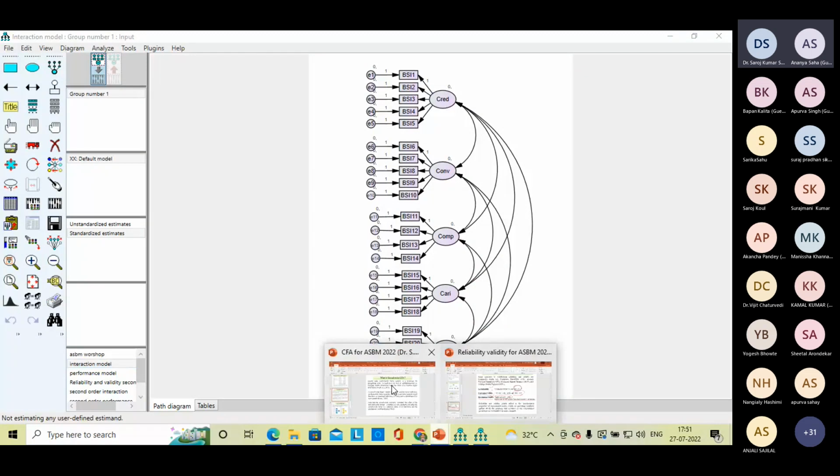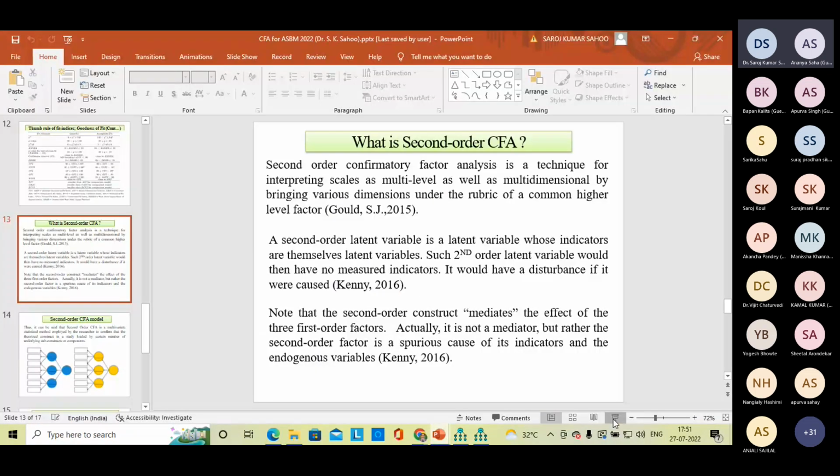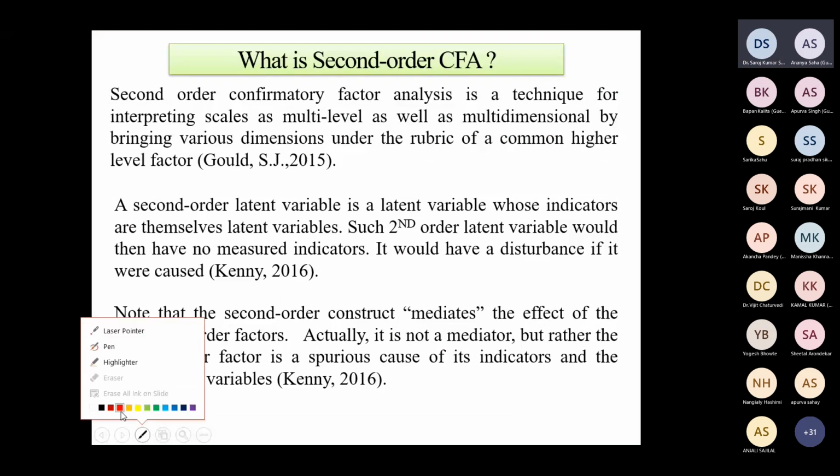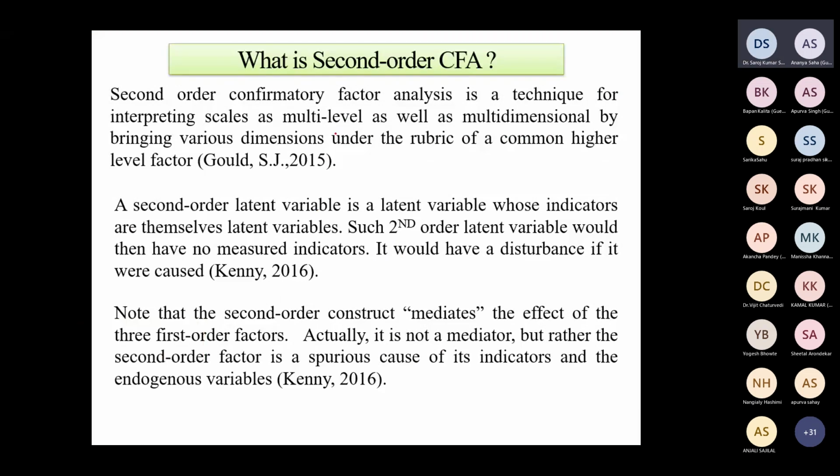That means these 5 constructs are coming under effectiveness of buyer-seller interaction. Please look at my PPT. This is one construct, that is credibility, another construct, that is caring, and so on, 5 constructs, and these 5 constructs have been used for measuring the effectiveness of buyer-seller interaction.